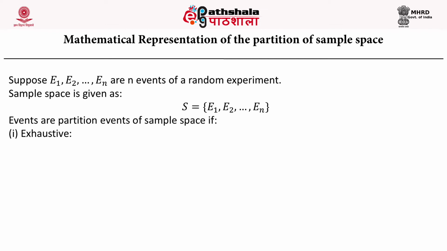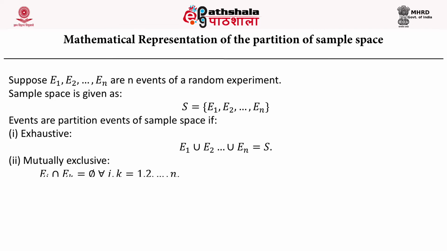Events are partition events of the sample space if, first, they are exhaustive. It means if you take the union of all the events, it must be equal to the sample space. So if you take the union of E1, E2, and so on up to En, and it comes out to be capital S, then the events are called exhaustive. Second is mutually exclusive.